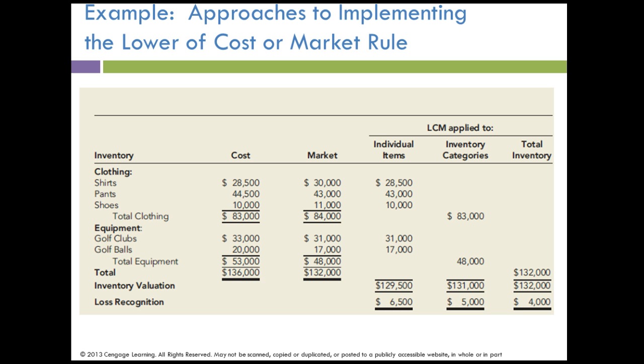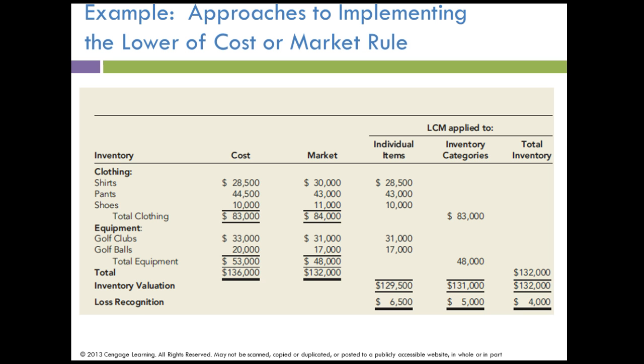If we look at the lower of cost or market rule applied to specific items, we're looking at the shirts of 28.5, the pants of 43, the shoes of 10.